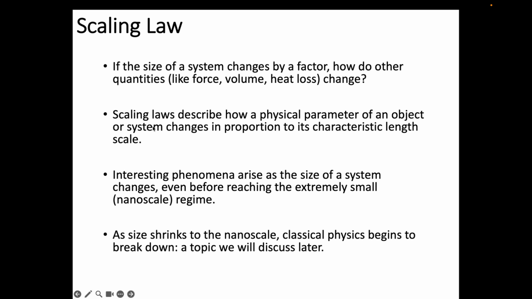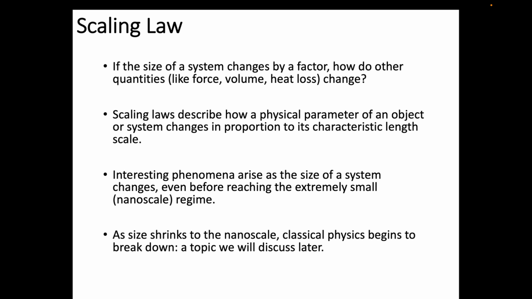Scaling laws describe how a physical parameter of an object or system changes in proportion to its characteristic length scale. As we scale down and scale up, how does our physical parameter change? Interesting phenomena arise as the size of the system changes, even before reaching the extremely small scale.